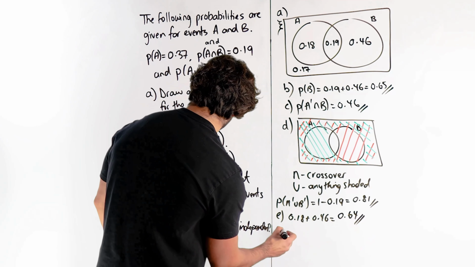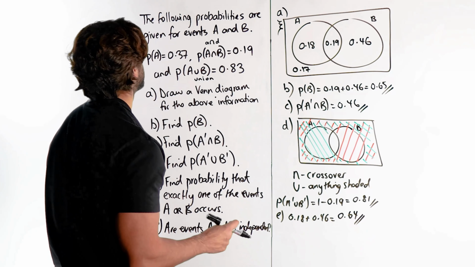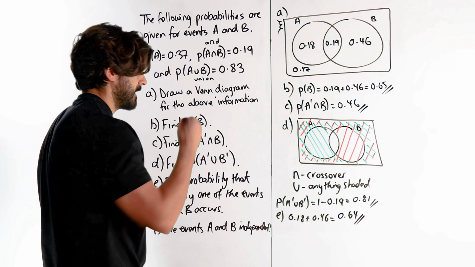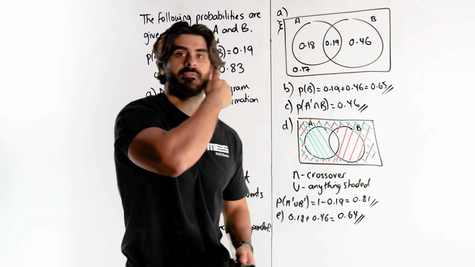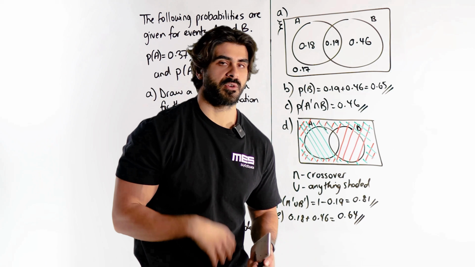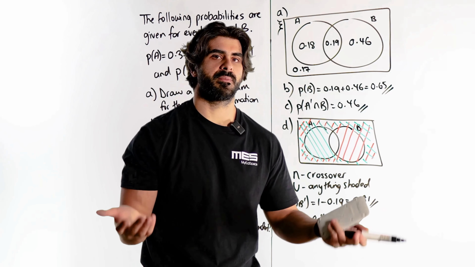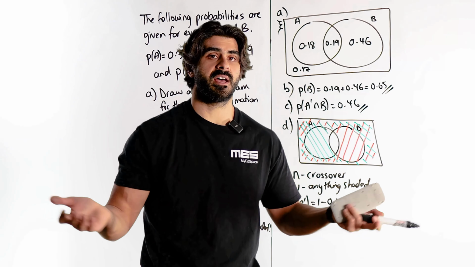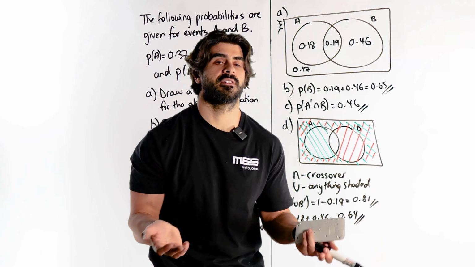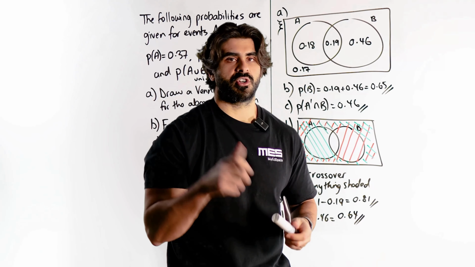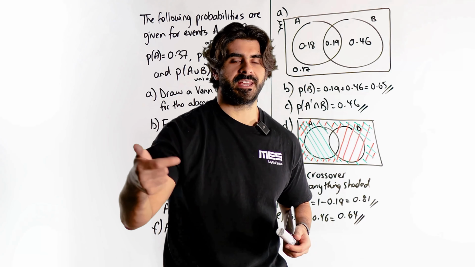Finally, part F, it says, are the events A and B independent? Now, independent just means they have no influence over each other. So A can happen, B can happen, they have nothing to do with each other. So the probability of them happening at the same time is we just multiply those probabilities together. An example of that is if you were to flip a coin, what's the probability of getting tails?